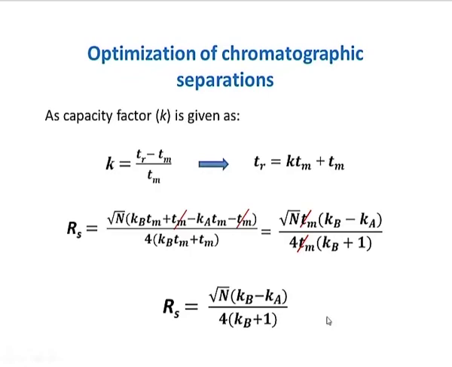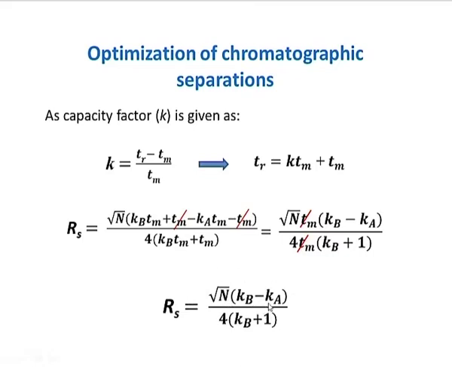So, what we are left with is Rs equals square root of n times (kB minus kA) upon 4 times (kB plus 1). Now, look at that equation. In this equation, compared to the equation we discussed in the last slide, we have been able to incorporate another additional term in addition to the number of plates, and this term is capacity factor.